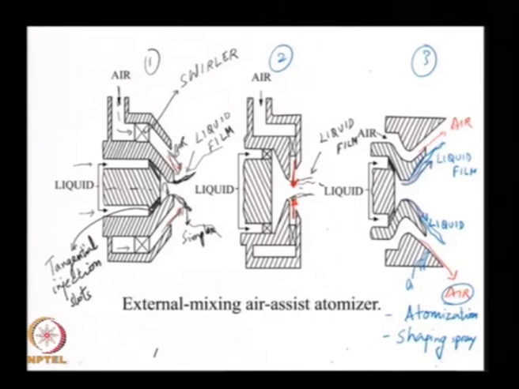So, in all these designs that use air, like we said, air is the source of the atomization energy, and more specifically we will see later on that it is the relative velocity between the air and the liquid that controls the atomization quality.